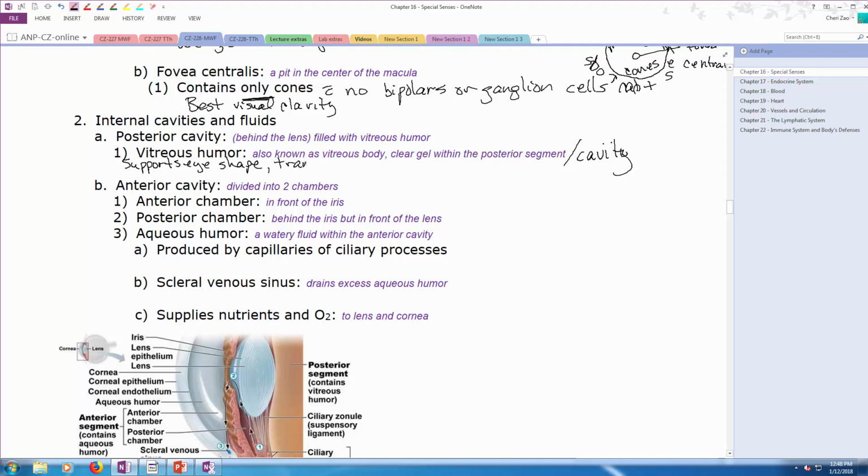It is clear, so it transmits light. So light rays easily pass through it. It is there also to keep the retina in place. And it supports the lens posteriorly. Did you guys notice how the lens kind of stuck to it?